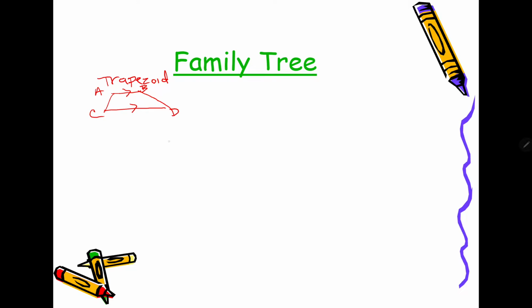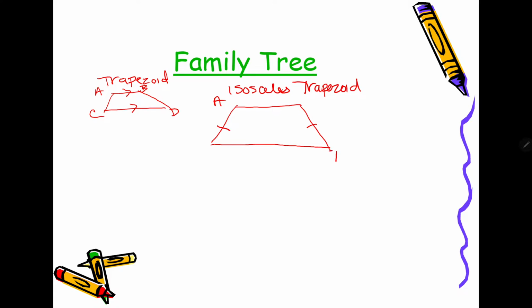But then we have an isosceles trapezoid right below it. Just like an isosceles triangle, an isosceles trapezoid has two congruent legs. So again, we'll call it TRAP, for trapezoid.